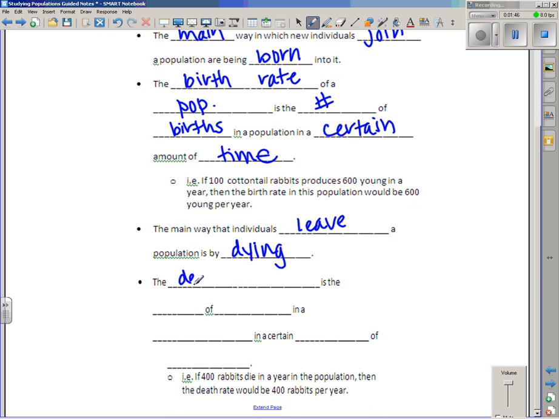Now, the main way that individuals leave a population is by dying. So the death rate is the number of deaths in a population in a certain amount of time. So if 400 rabbits die in a year, then that's your death rate, 400 rabbits per year.